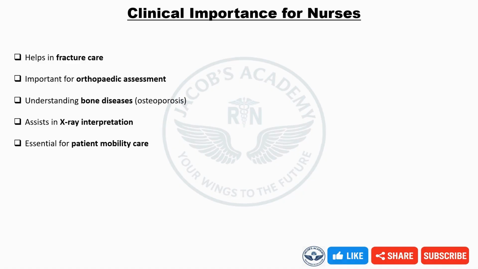The nurse also teaches patients how to use devices and encourages early but safe mobilization to prevent complications of immobility such as pressure sores, pressure injury, and deep vein thrombosis. So we all need to know the clinical importance thoroughly.